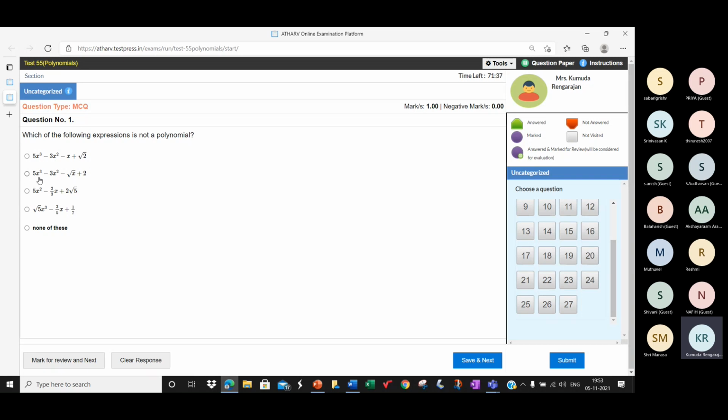X cubed, the power of x is 3. In the next term, the power of x is 2. In the next term, the power of x is 1 by 2, which is not a whole number. So the second expression is not a polynomial. It's simply an algebraic expression, but not a polynomial.